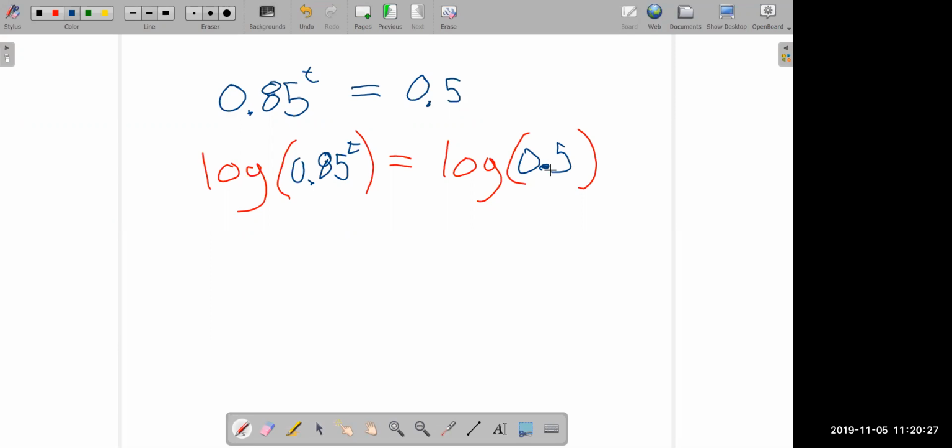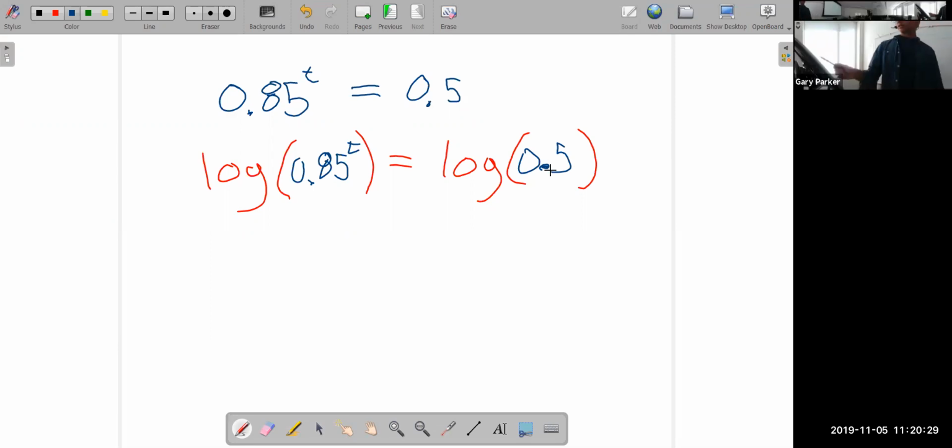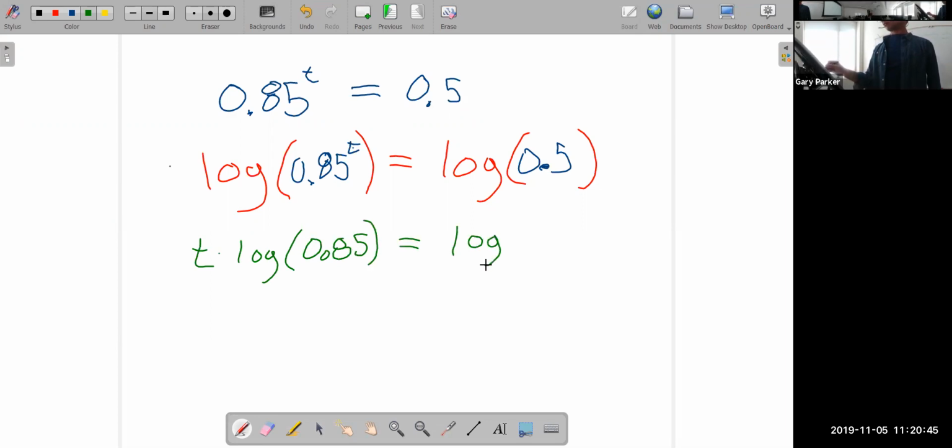Now, what property do I have here I can use? Well, the property I can use is that exponents pop out. So now I can rewrite that as t times the log of 0.85. On the other side, I still have the log of 0.5 hanging out waiting to do something. Now, we have calculators, right? On the calculator, we can just plug in that and get an answer.